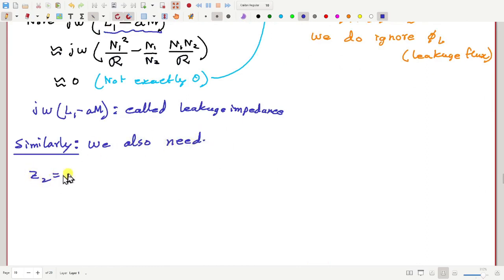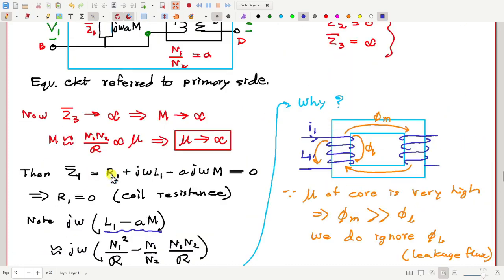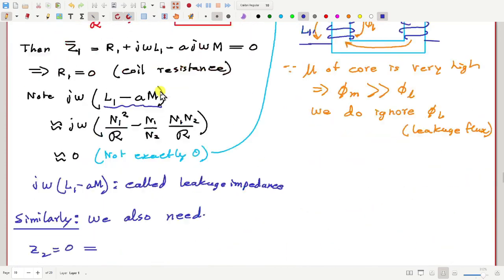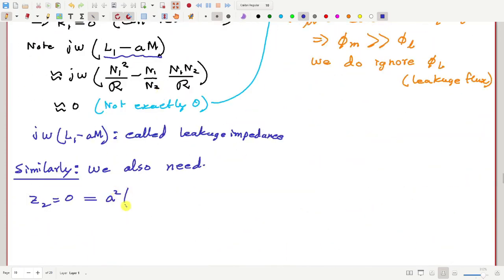But Z2 is equal to this quantity: a square R2 plus j omega L2 minus j omega m by a.